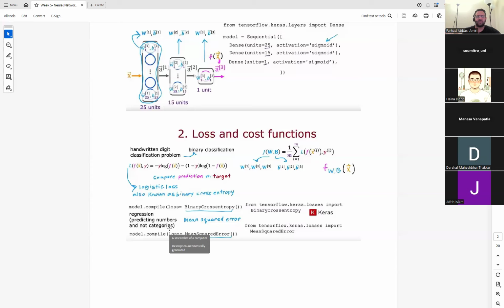These are categories, these are classes, right? But the price of the house was not a class, that was a number, for example, $10,000. If your application is predicting numbers like the price of the house, you are using regression methods, and then your loss function shouldn't be binary cross entropy. It should be, for example, mean squared error. And then after creating your neural network structure, you compile your model and put loss equal to mean squared error.